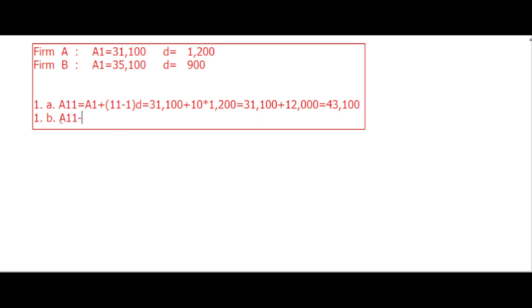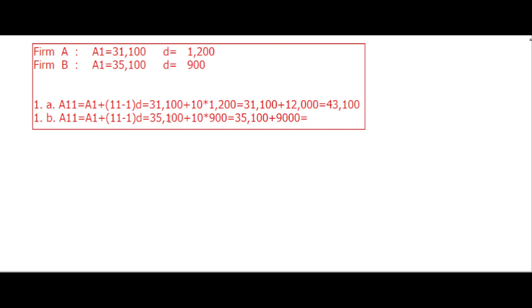A11 is equal to A1 plus 11 minus 1 times common difference D, which is equal to 35,100 plus 10 times common difference D 900, which is equal to 35,100 plus 9,000.